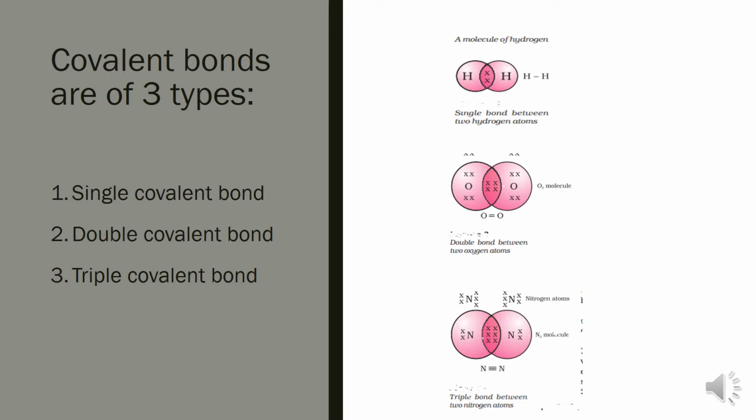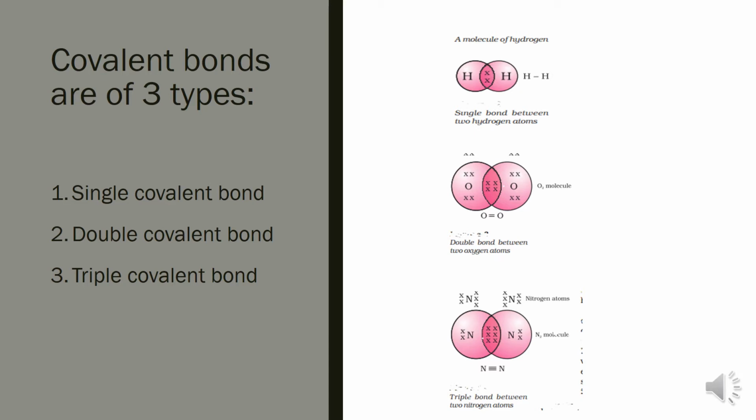Hydrogen's one electron and chlorine's one electron will become a shared pair, and this shared pair will belong to the K shell of hydrogen and the M shell of chlorine.